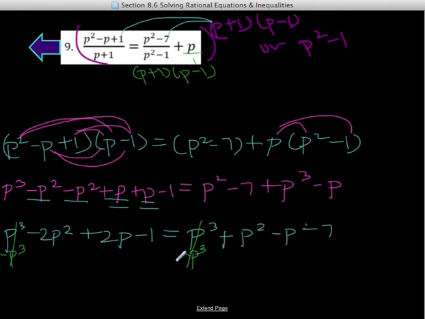When I'm solving a quadratic equation, if I can, I would like to keep my p squareds positive. So it's negative here, so I'm actually going to take everything from the left-hand side this time and move it to the right-hand side. So I'm going to add 2p squared to both sides, subtract 2p, and add 1.